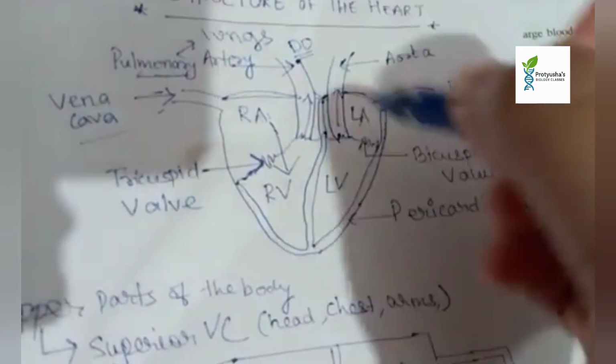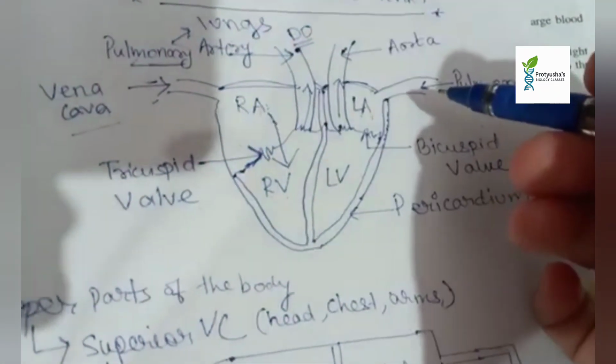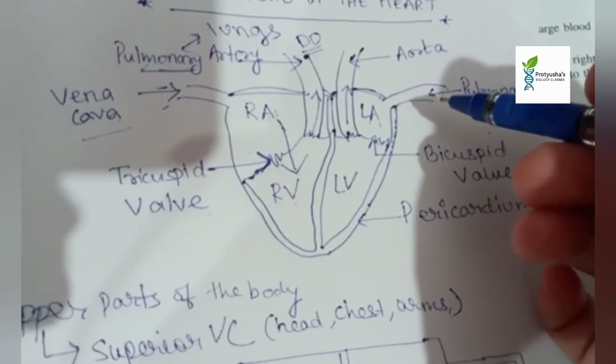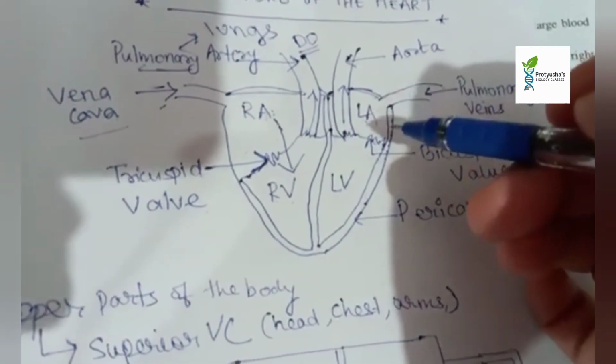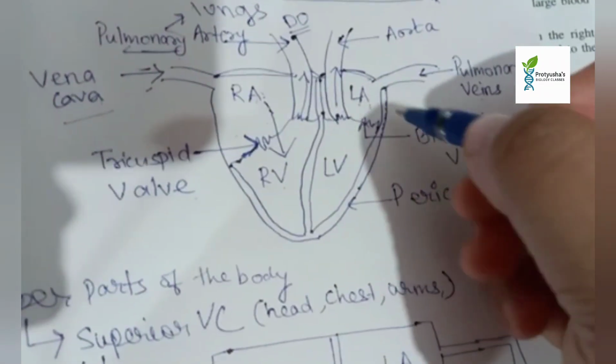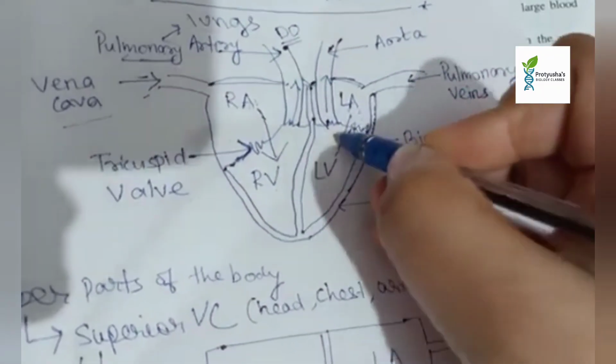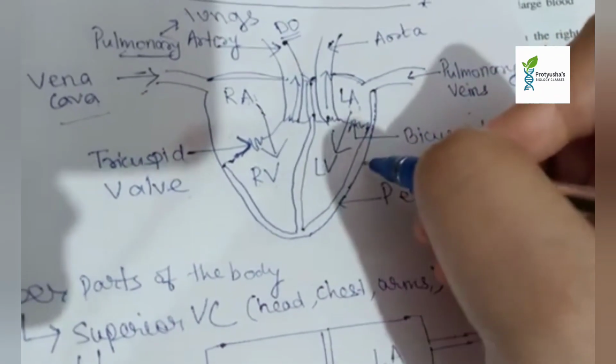Remember, if you have studied, arteries always take the blood away from the heart and veins always bring the blood towards the heart. From the left auricle now, the blood will come down to the left ventricle.